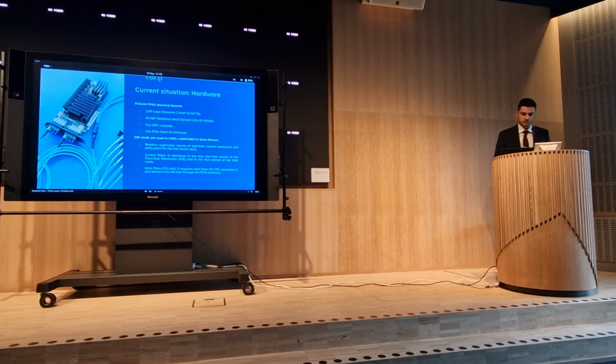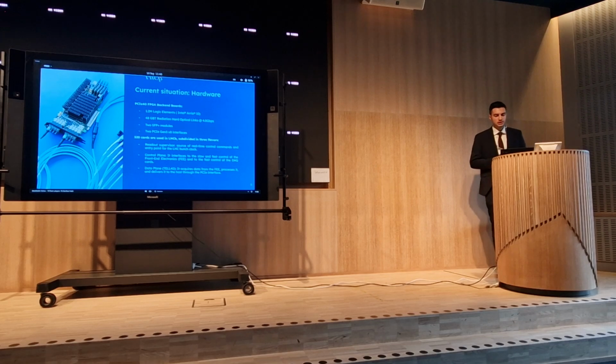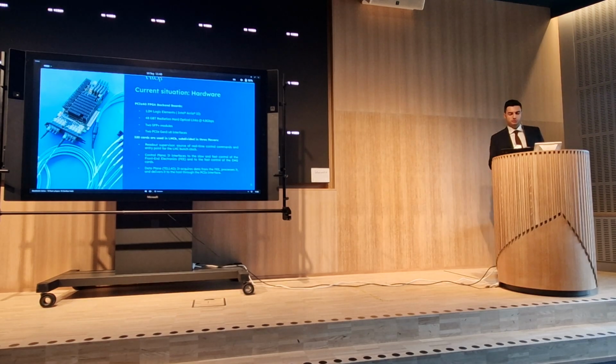So, for example, setting power supplies and various settings in the detector electronics itself. And then in the end, the most important part is the data plane, which is called L40, and it acquires the data from the front end, processes it a bit, and then delivers it to the host through the PCI interface.